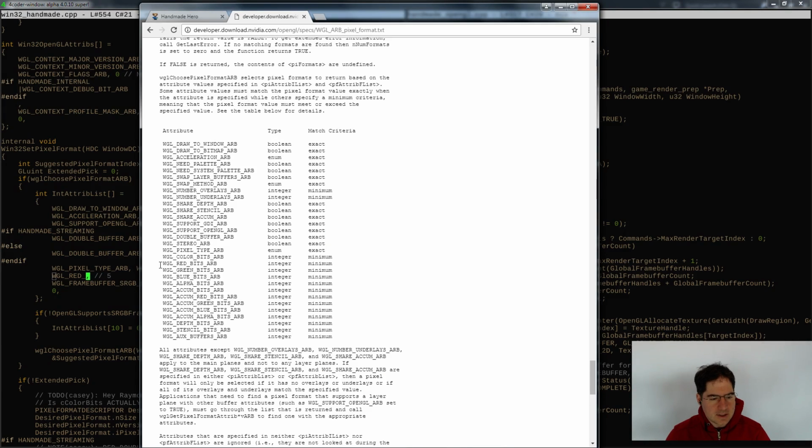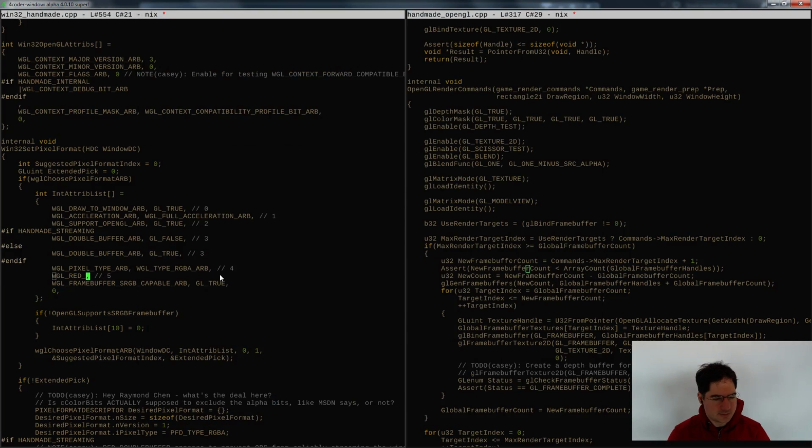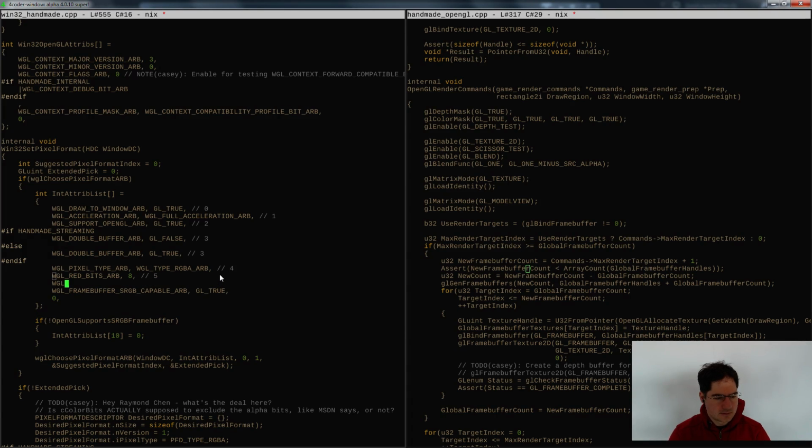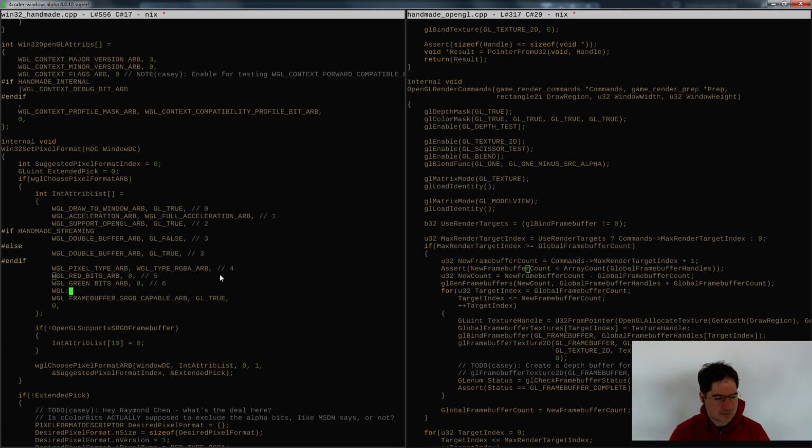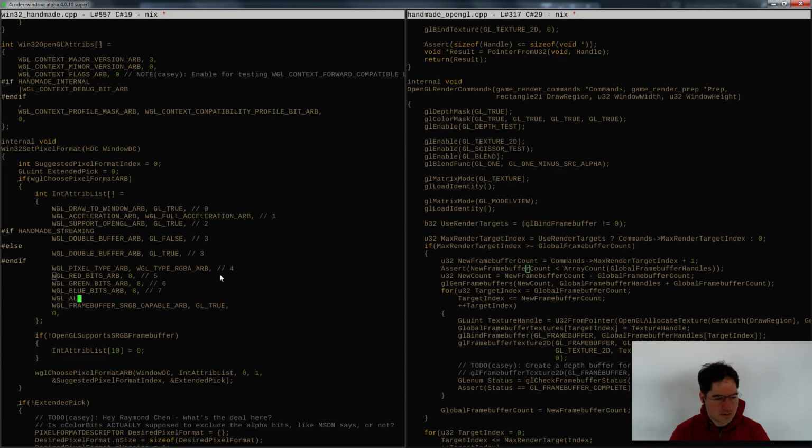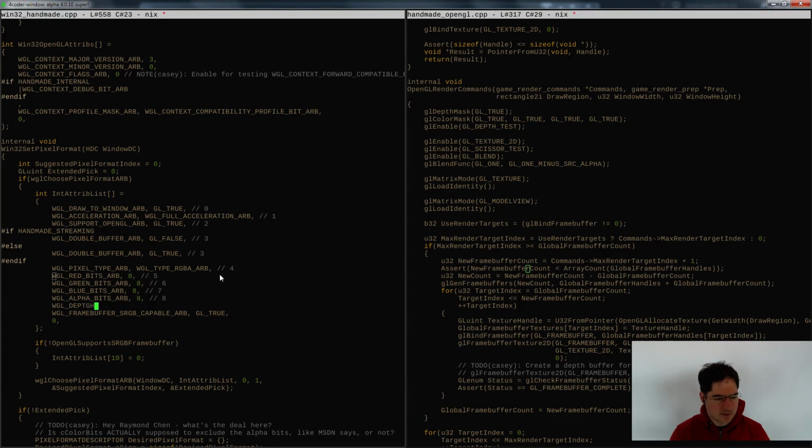All right. So red bits ARB, we'll say 8. Green bits ARB, 8 again. Blue bits ARB, alpha bits ARB, and depth bits ARB.